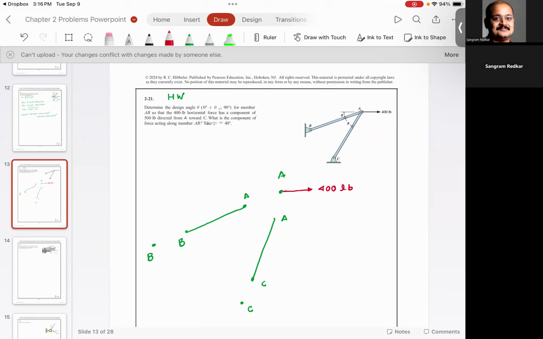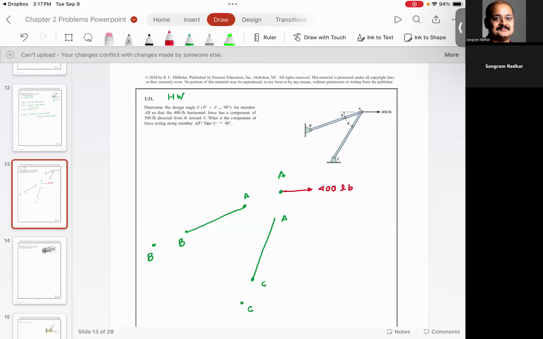Now, I want to ask you, just from logic, tell me whether AB would be in tension or in compression? Would AC be in tension or in compression? Would AB get pulled or pushed, and AC get pulled or pushed? Do you agree with me?